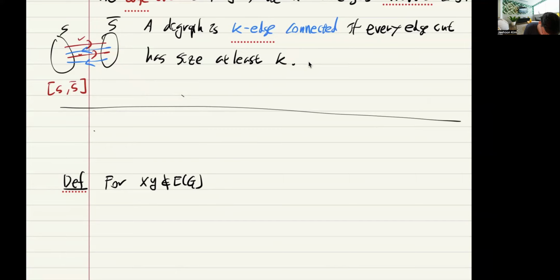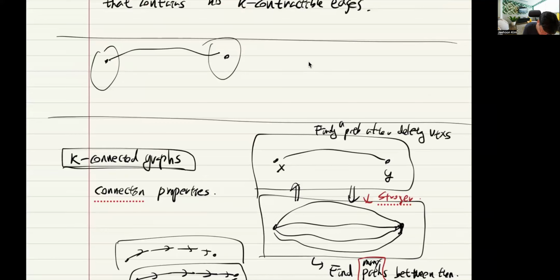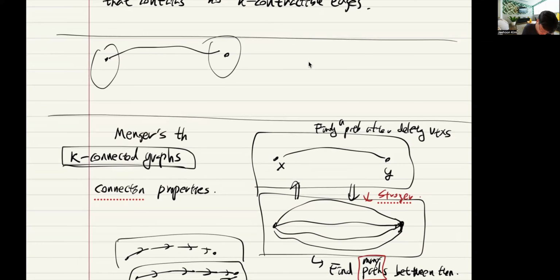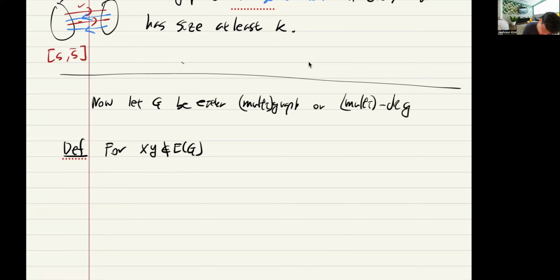And now, in the rest of this section, while we are dealing with this K-connected graph, what we are going to do in this video and the next video is something called the Menger theorem. While we are dealing with this Menger theorem, we let G be either a multigraph or simple graph or multi-digraph or single digraph.